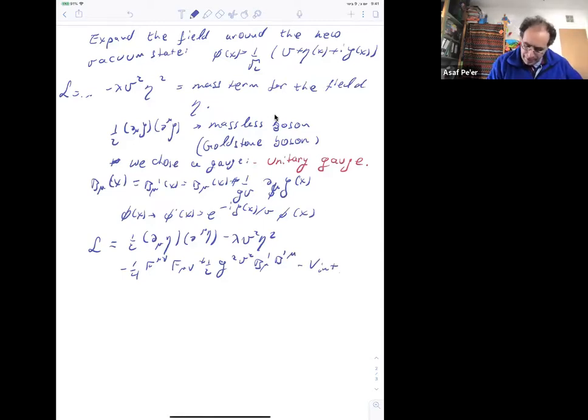So the B boson acquired mass. We have a mass term for the B boson, which is g v. We ended up with a scalar field, a mass for the boson, and interaction terms between all of them.